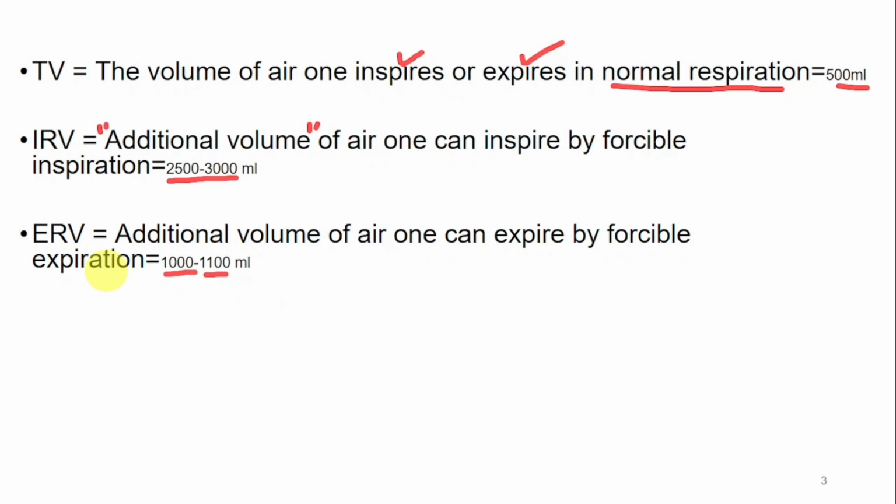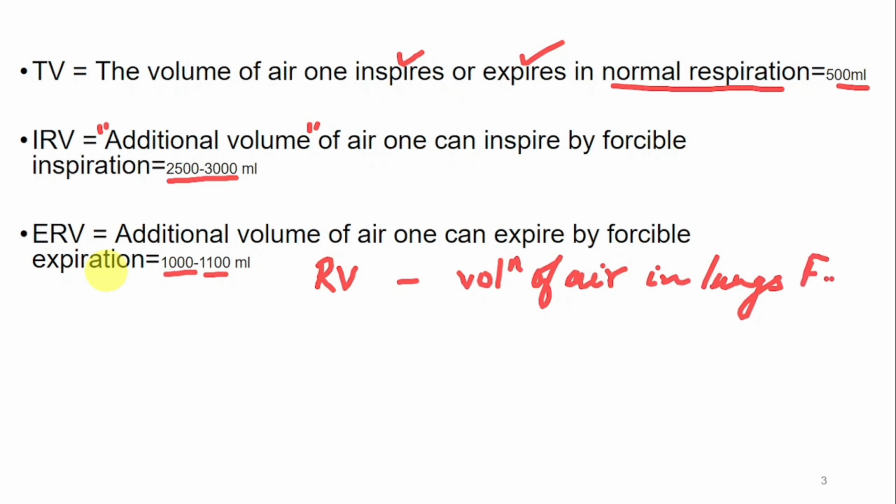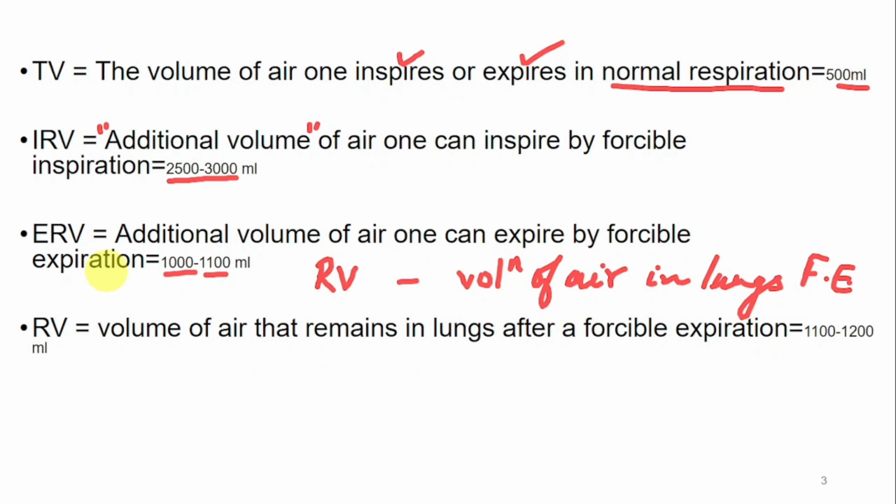So what is RV? Residual volume, the amount of air which remains in the lungs even after forcible expiration. So in case of RV, the highlight will be the volume of air in the lungs after forcible expiration. Let's look at the definition.